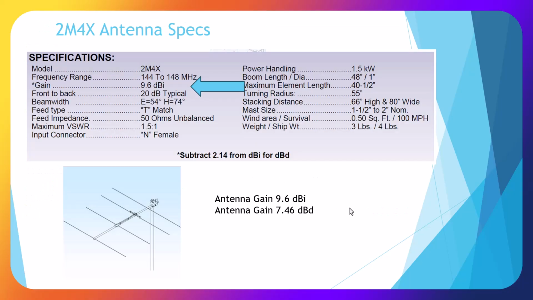Okay, here's our second antenna, the 2M4X. Its gain is 9.6 dBi, and we're going to subtract the 2.14 from dBi to get our dBd.